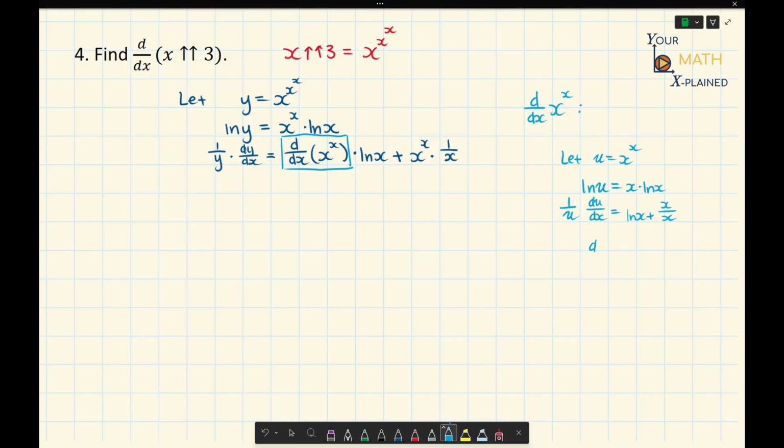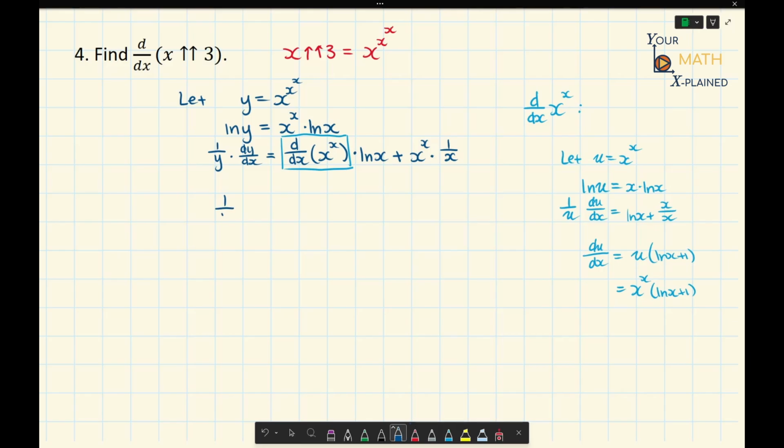And then finally, isolating our du dx, we get u times ln of x plus 1. And now substituting u back in, we end up with x to the power of x times ln of x plus 1.